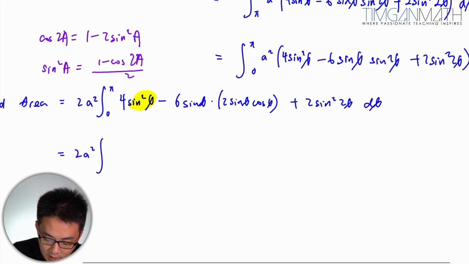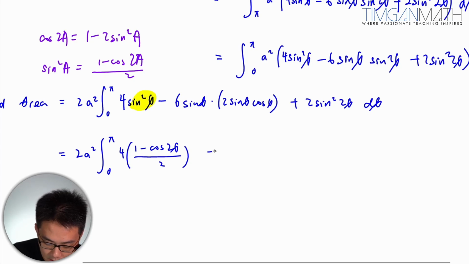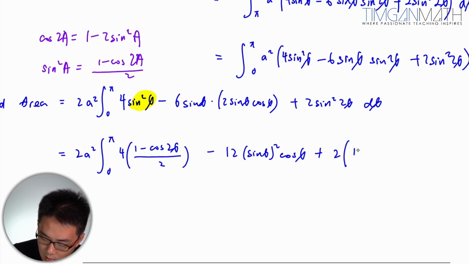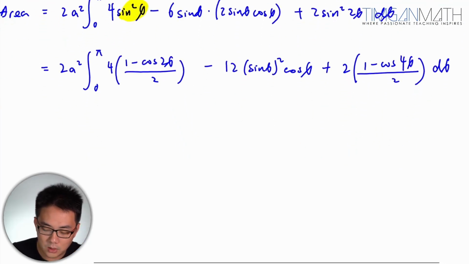Yeah, right. Once this is done, we are going to just replace all of this in. This one over here, we could use the cancelling method, or the f prime f x method, whichever method you are taught. So this is a recognizable form. So sine square theta cosine theta plus 2 sine square, so this is 1 minus cosine 4 theta over 2 d theta. This part I think should be quite okay.